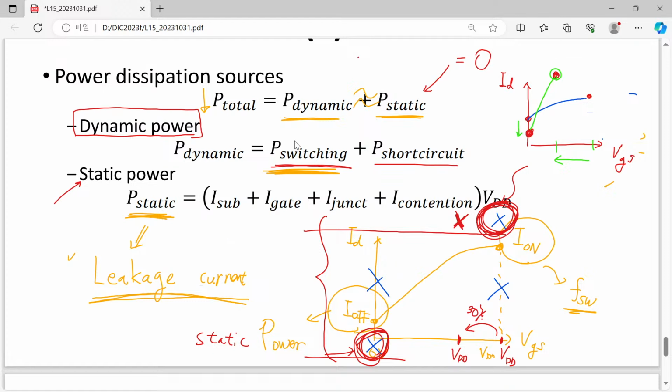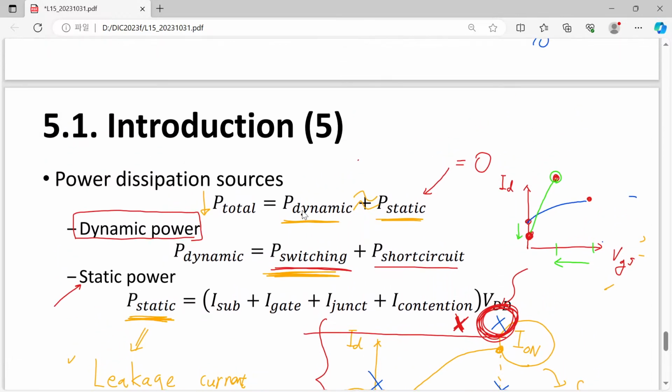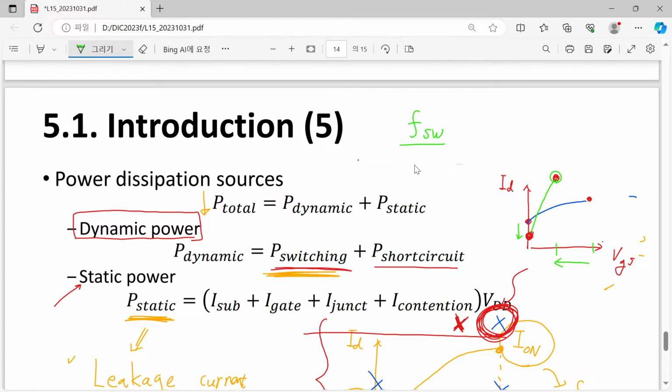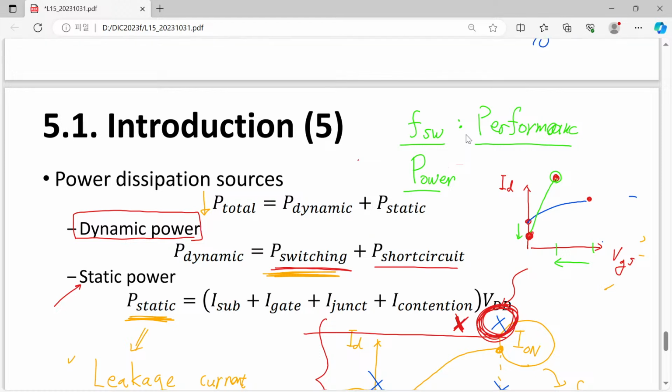So now you understand my main discussion is always around these two quantities: the maximum speed of your circuit, which is typically called performance, and power. Performance and power are in a trade-off relation.